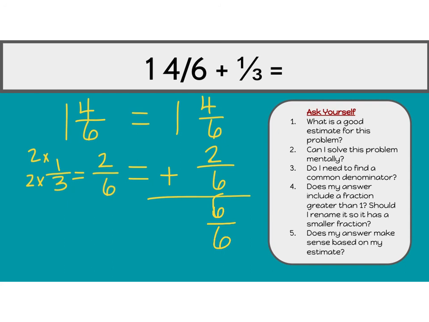And 1 plus nothing. But guess what? 1 and 6/6. Well, 6/6 is equal to a whole number. So we're going to trade that. And so my final answer is the whole number 2. What do you think? It's going to take some time, take some practice.